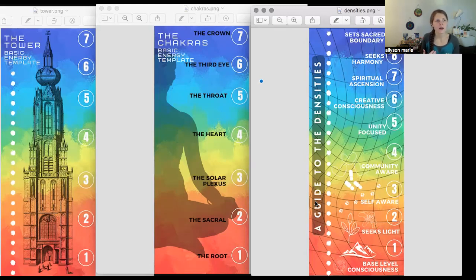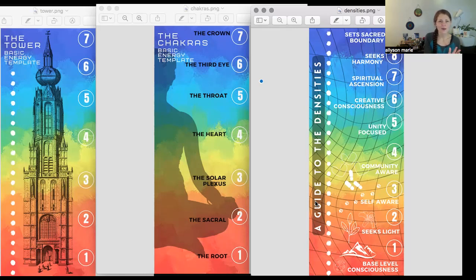You might have authority issues or feel oppressed. You might be really struggling with the slave master cycle, getting out of tyranny and enslaving yourself, kind of things that happen within distortions of the sacral chakra.